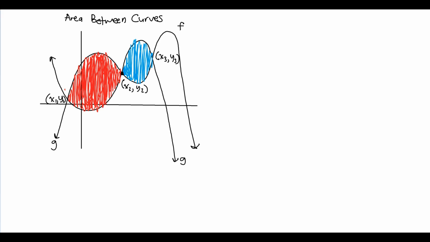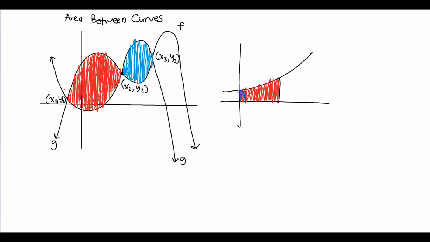Now, in order to do this, we have to think back about how we originally found the area of a region under the curve. Okay? So at the very beginning, if we want to find the area of this region, we used rectangles. Use rectangles to approximate it, okay?